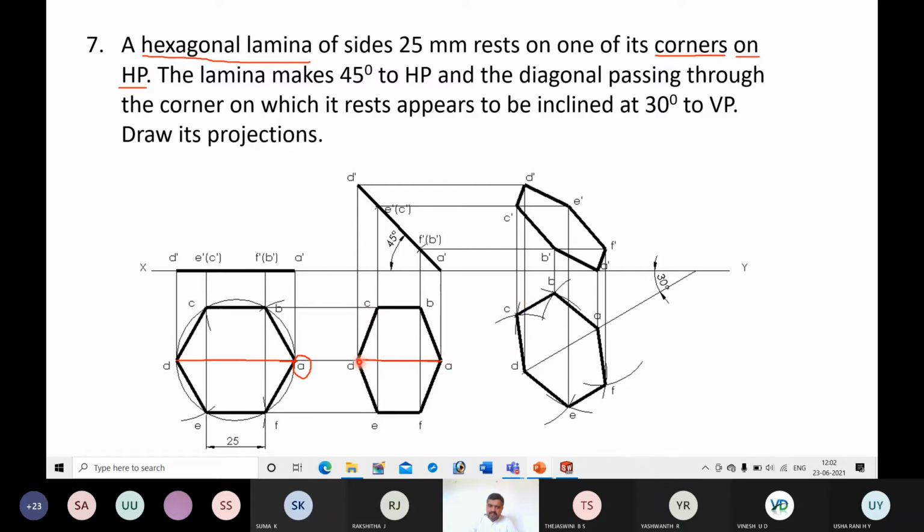Next, take the radial distance from D to C with D as center, cut one more arc, you will get C. Similarly, take the radial distance from A to B, cut an arc, then D to B, cut one more arc, you will get B. Similarly, you can get E and F.